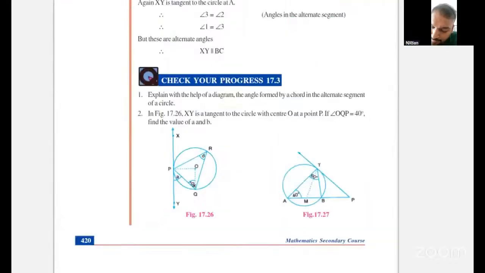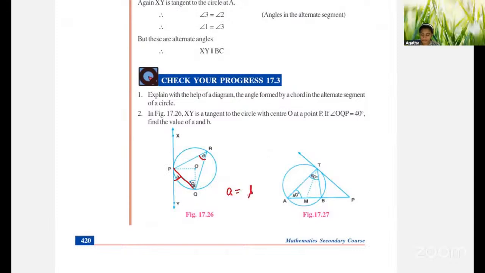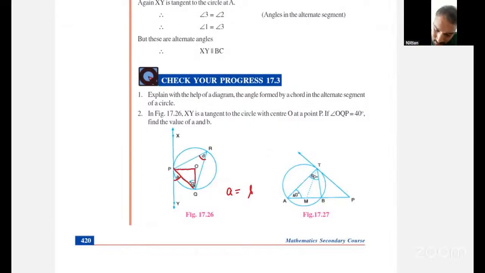First question. Okay, so in the first question, this is PQ. PQ is the chord which makes the angle with the tangent, and the same PQ makes the angle on B. So it means that angle A will be equal to angle B. Now this is a triangle.